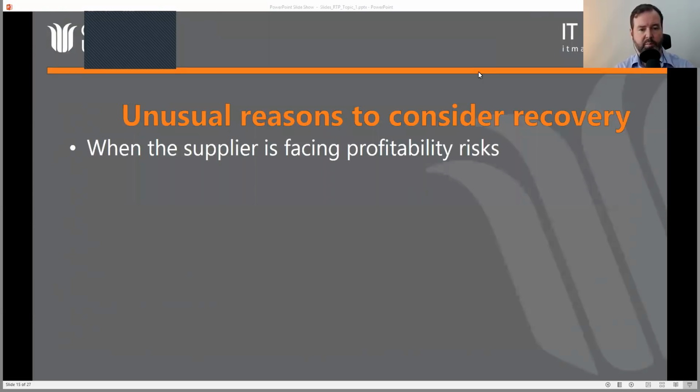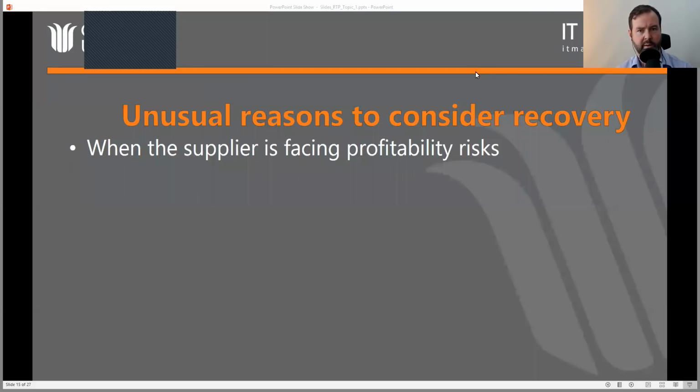Now, this is an example leading back to what I mentioned with the supplier perspective. When the supplier is facing profitability risks, if you have a major supplier for a project, and it could be internal or external, if they're facing major risks to the profitability of their contribution, they may do something about that. And if and when they do, that may become an existential threat to the value of the project.